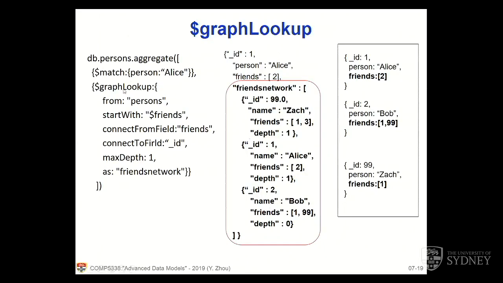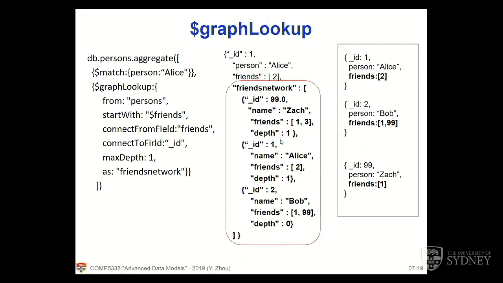In the normal lookup, this only contains the matching document from the other collection, right? So here, what we put is a bit more complicated to work out.